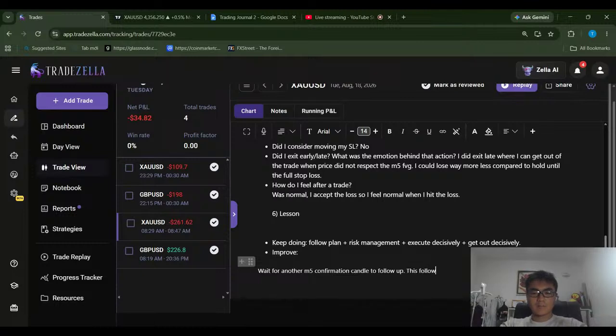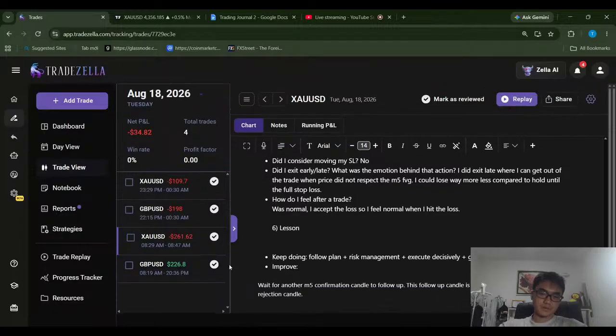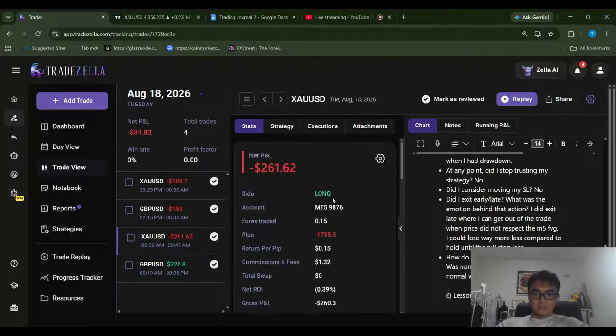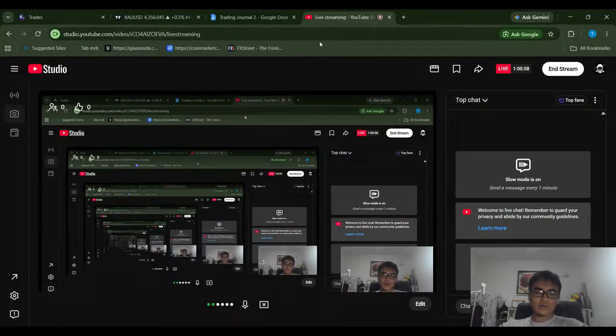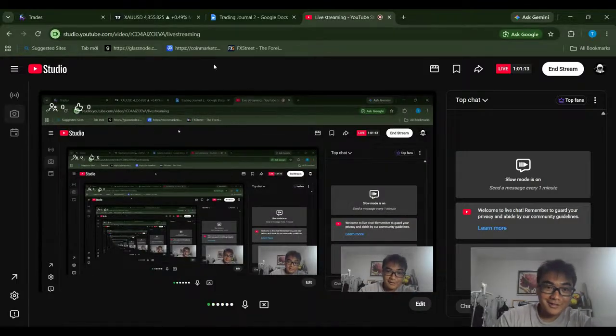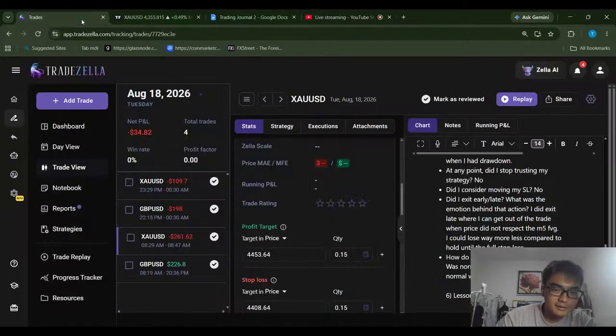This follow up candle is a good sign to trade compared to the rejection candle. Yeah, you can say this is not an easy process in order to take a trade.